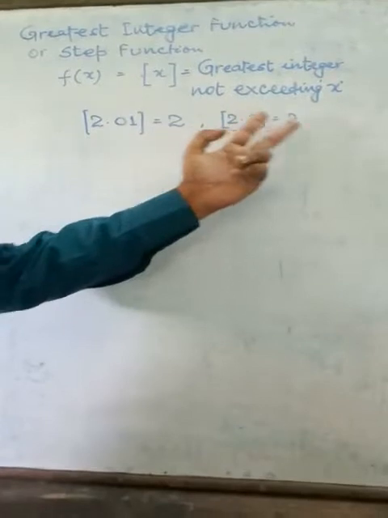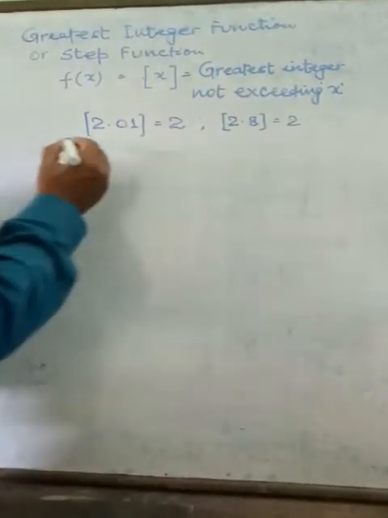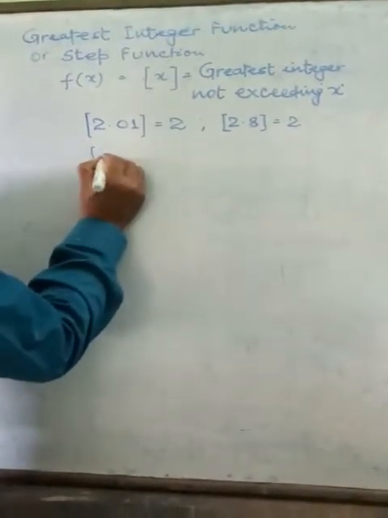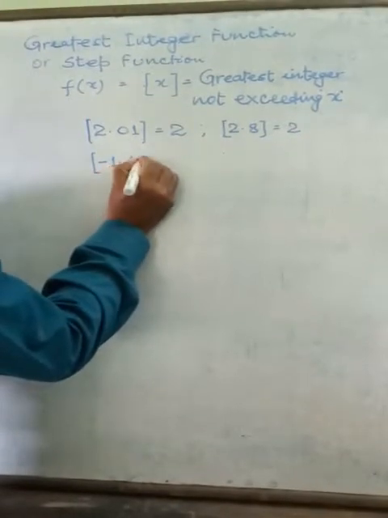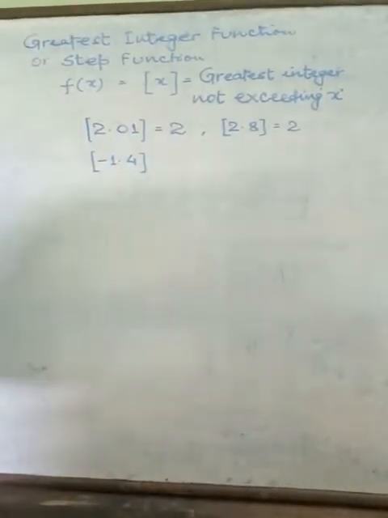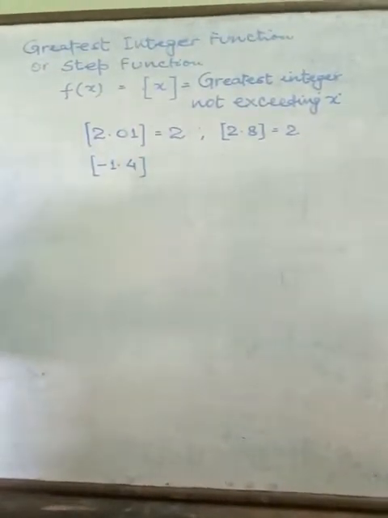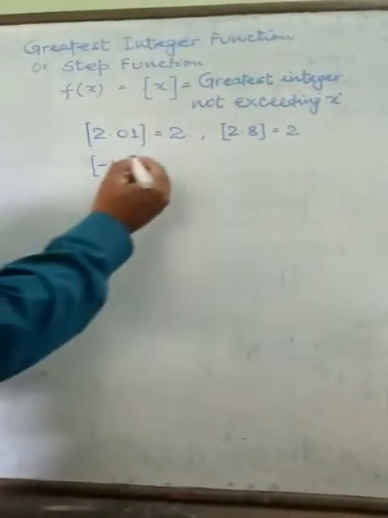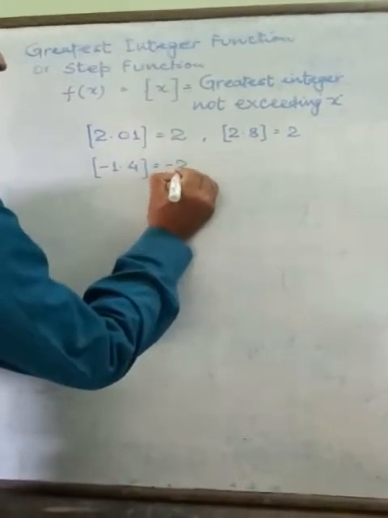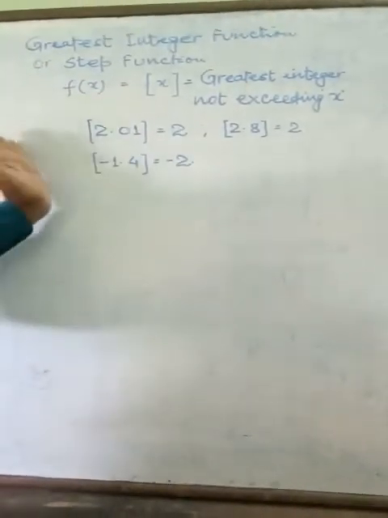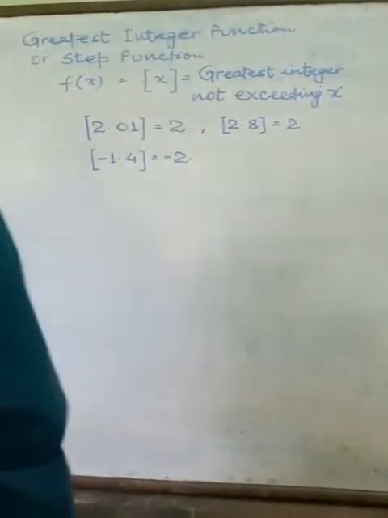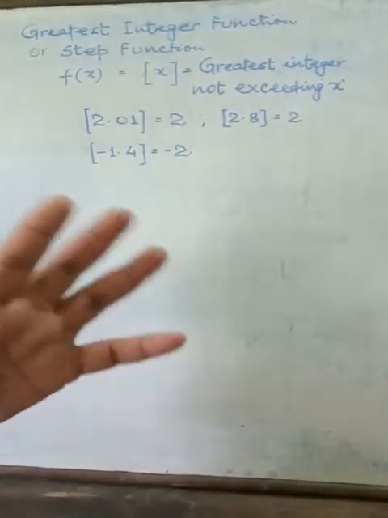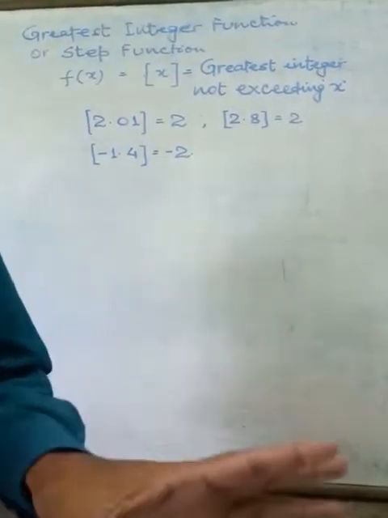Whereas in case of negative, minus 1.4, it should be minus 2. So this is meaning of greatest integer function. This term has more use in continuity.